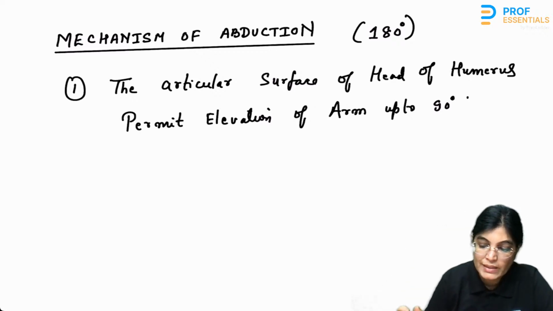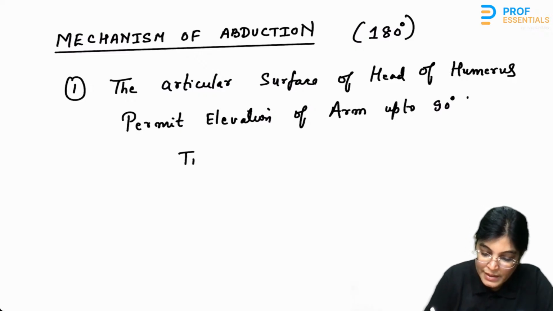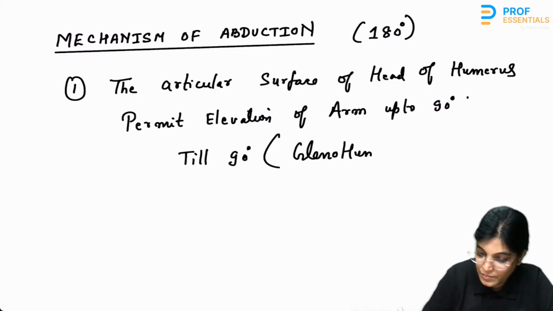So permitting elevation means that till 90 degrees, movement is happening at the glenohumeral joint.